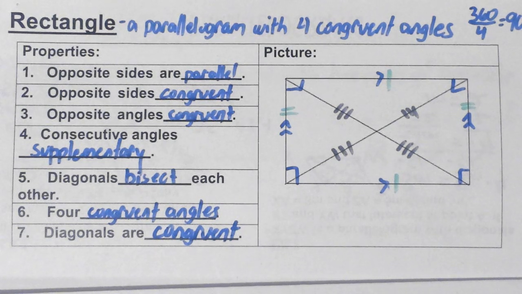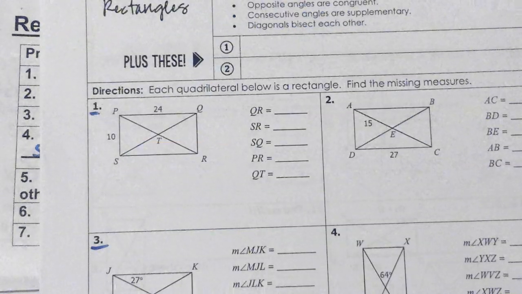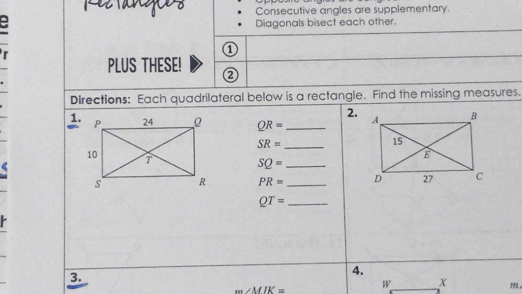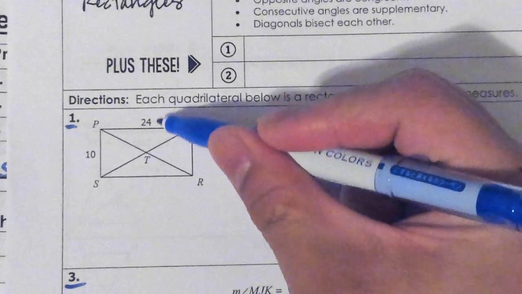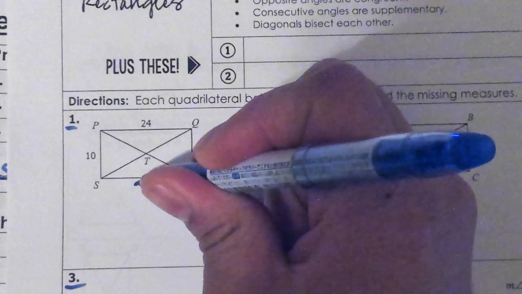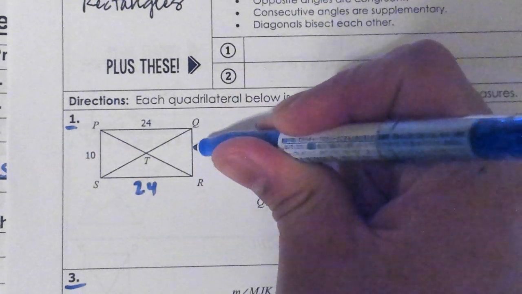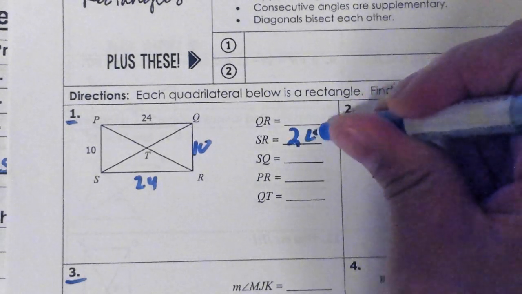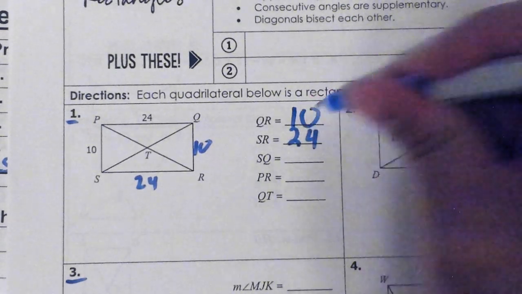Alright, so let me go. Some examples. Number 1. Let me zoom in. Okay. Just like a parallelogram, opposite sides are congruent, 24 up here, 24 down here, 10 to the left, 10 to the right. That means SR is 24, QR is 10.